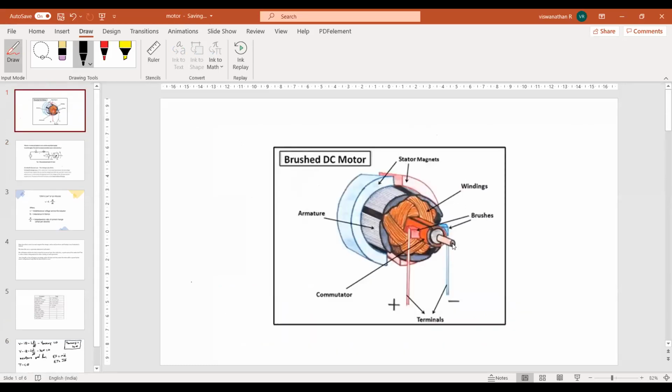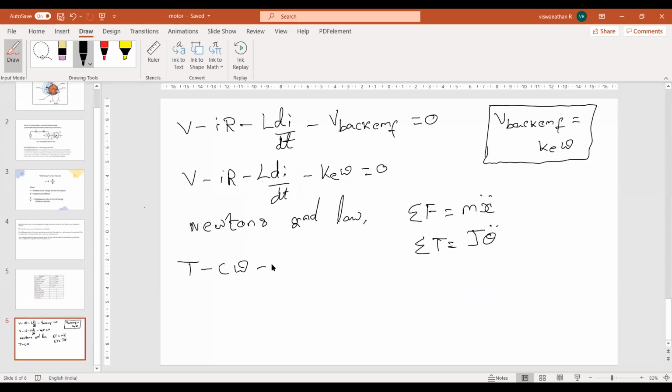If you connect probably a wheel or anything, you apply a load on that. That is nothing but the load torque, which is opposing again. So minus the load torque is equal to J into theta double dot. This is from Newton's second law. So the electrical part is from Kirchhoff's law, Ohm's law, Lenz's law, and this equation is written from Newton's second law.